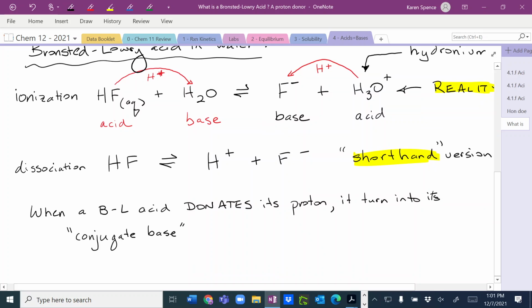So HF donated a proton, and it turned into, what did it turn into? F minus. So F minus is the conjugate base of HF.